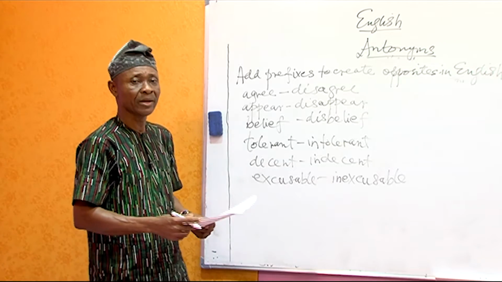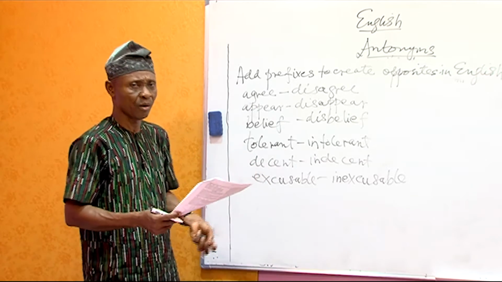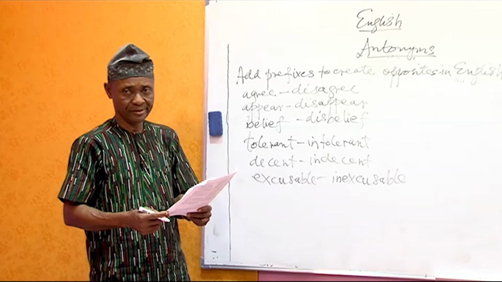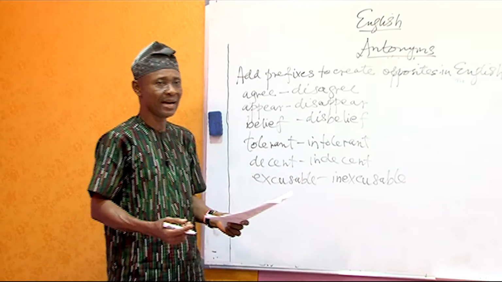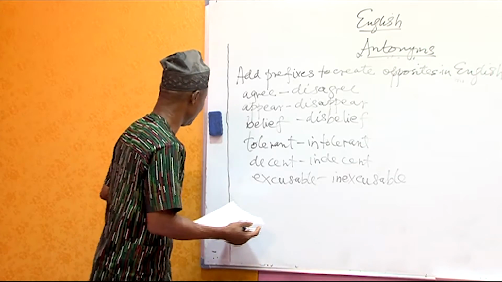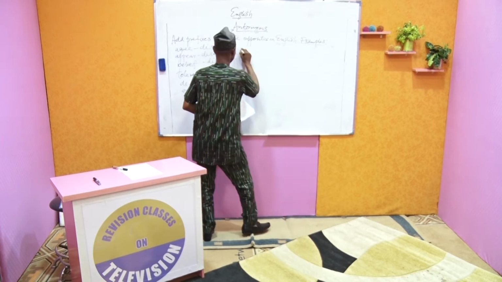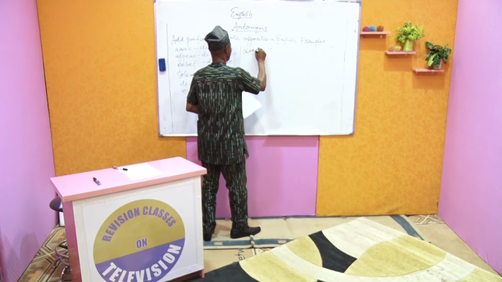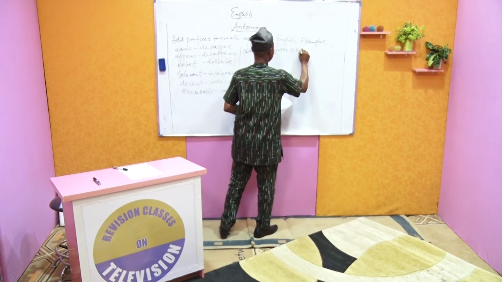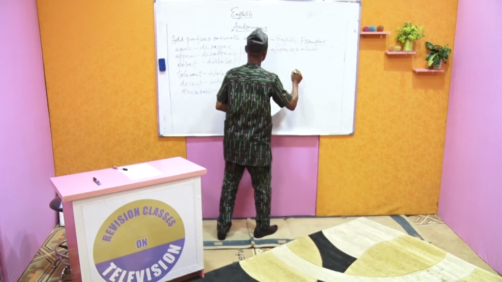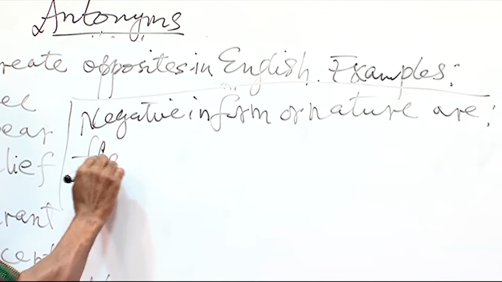There are also occasions we have words that are a kind of opposite, that are not negative in nature, in form, but they are not opposite to the word in question. Examples of such words that are negative in form or nature but not opposite are words like flammable.